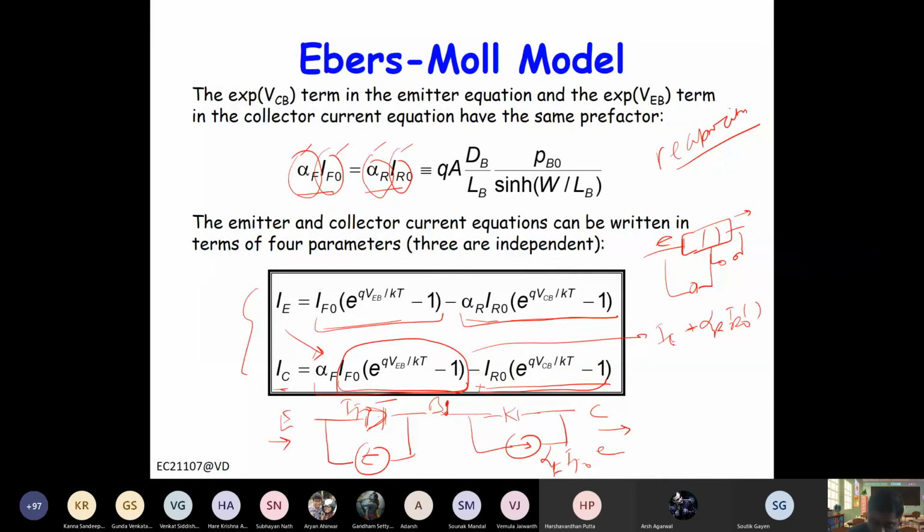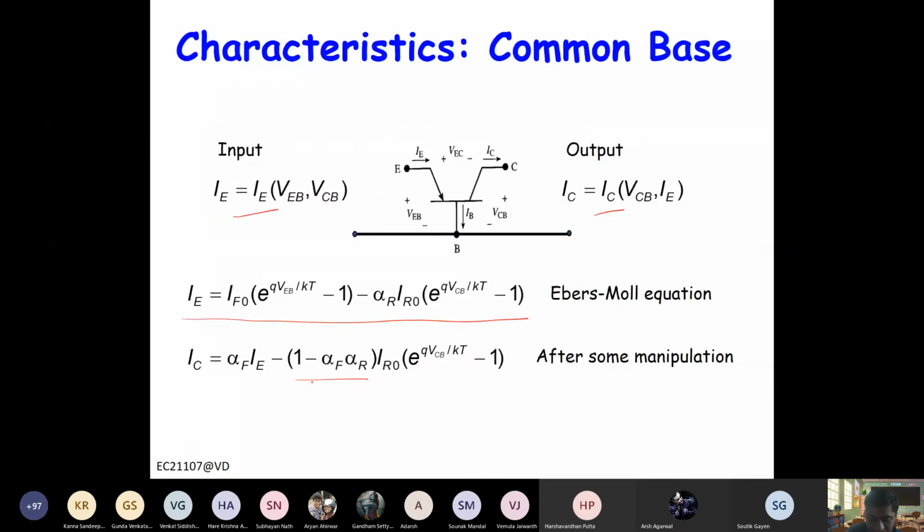Then you substitute here, so it becomes alpha F times IE plus alpha F times alpha R, IR naught exponential this thing, and these two are combined. So there is a minus sign here, and this alpha R alpha F minus 1, so you will get alpha F alpha R minus 1, right?